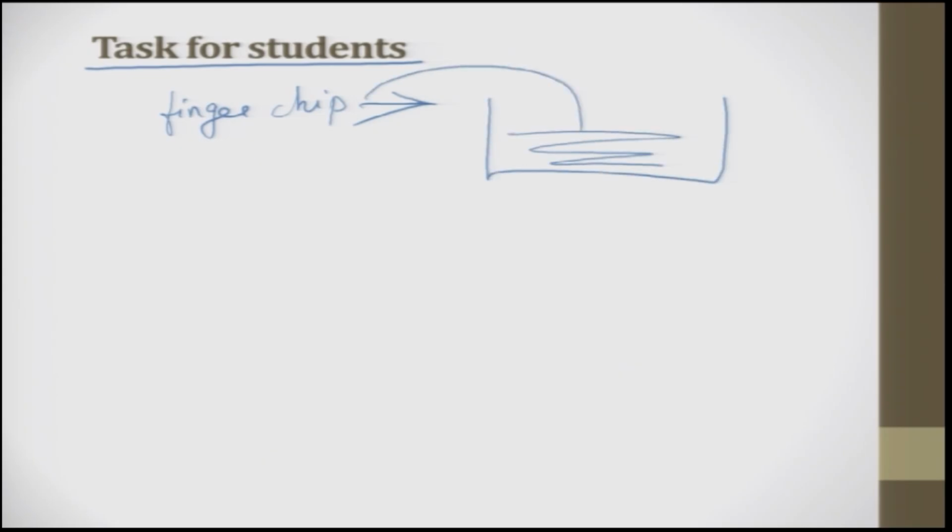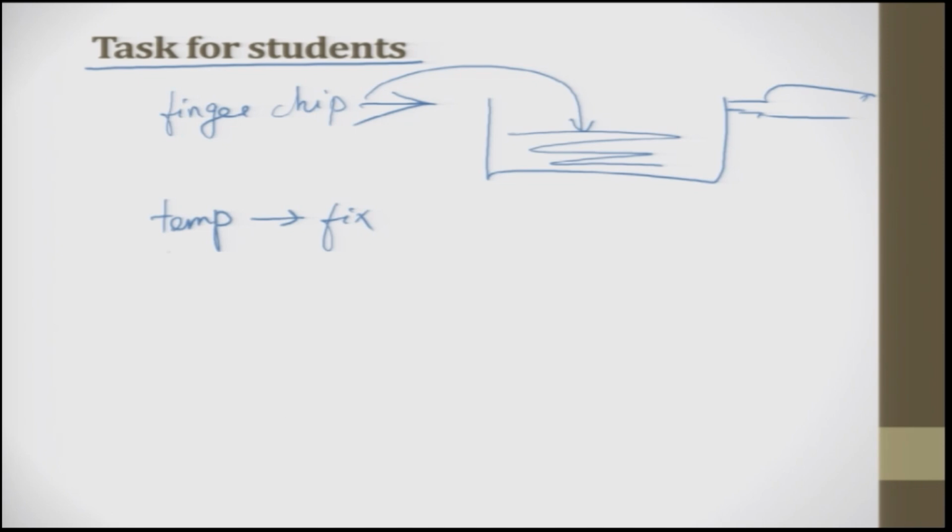So, today's task for the students is going to be a fun task. Try to take finger chips which are readymade available. Try to put them in a pan with oil. Try to drop them inside the pan. Here the temperature of your oil pan is fixed.